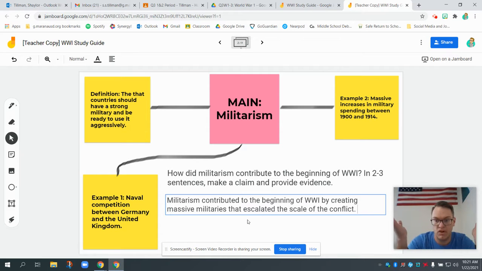You need lots of armies, lots of soldiers, lots of tanks, lots of bombs, lots of planes to have a big war. If you don't have all those things, then it's a small war. But World War One is the first World War and considered the Great War before World War Two, obviously, because of this massive increase in military spending that increased the scale of the conflict.